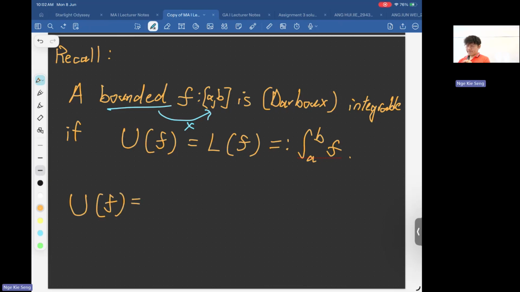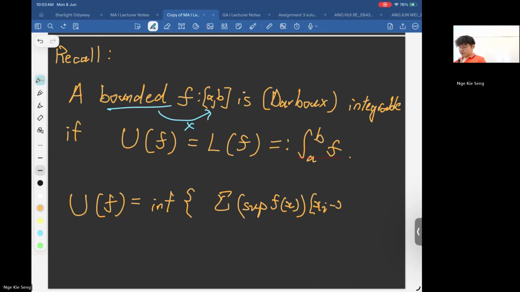UF is taken to be the inf of sup of f(x) such that x is in the interval, times x_i minus x_{i-1}, summed over i in some index set.